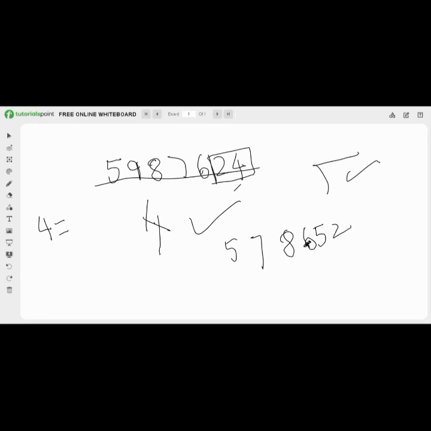Solve this and tell if it's divisible by 4. Not 5 seconds, you can take about 30 seconds.